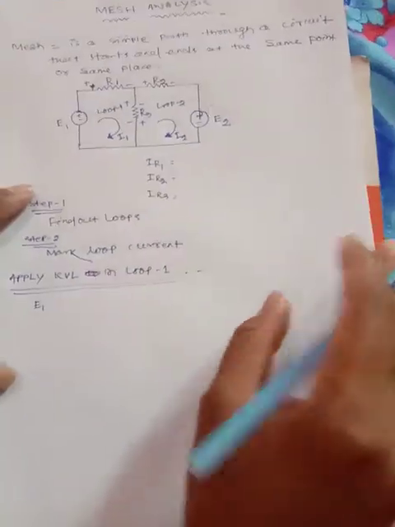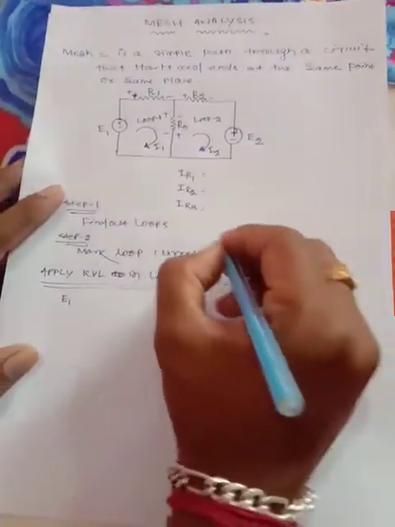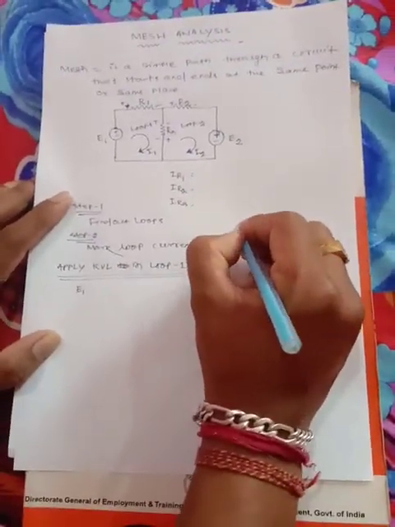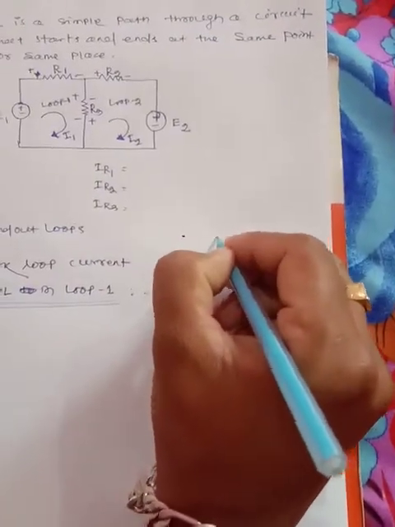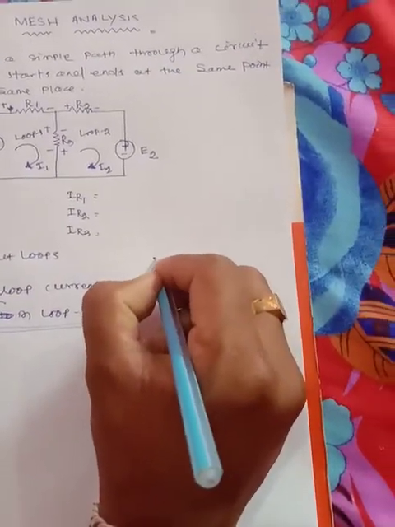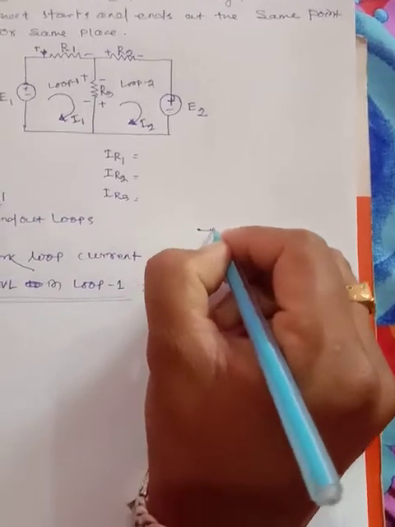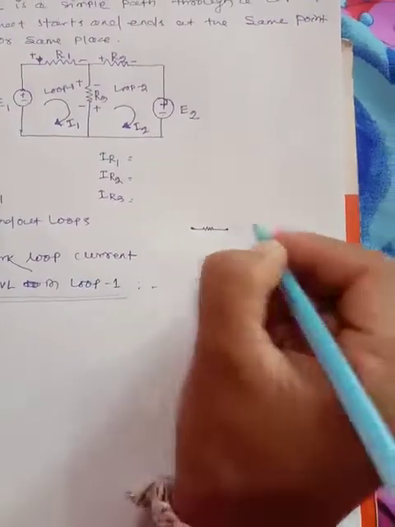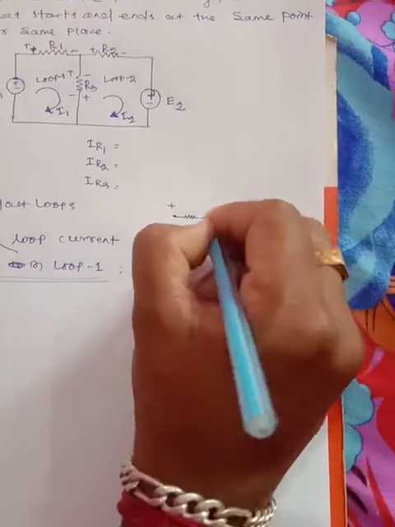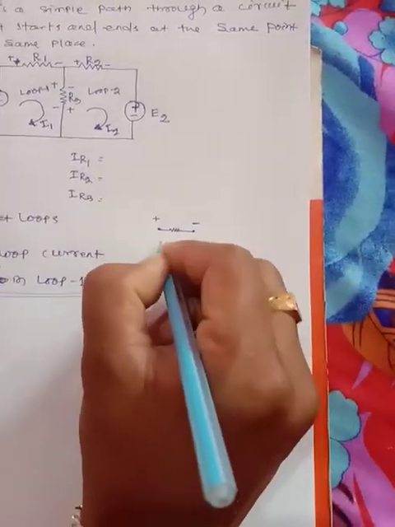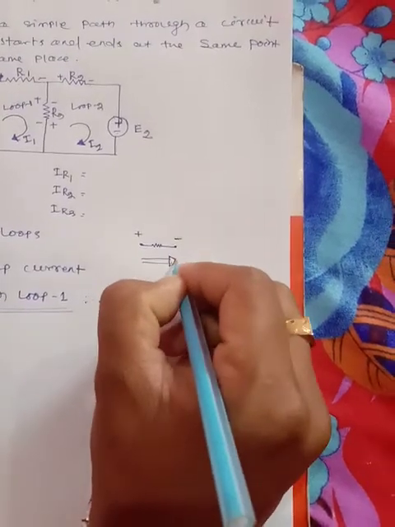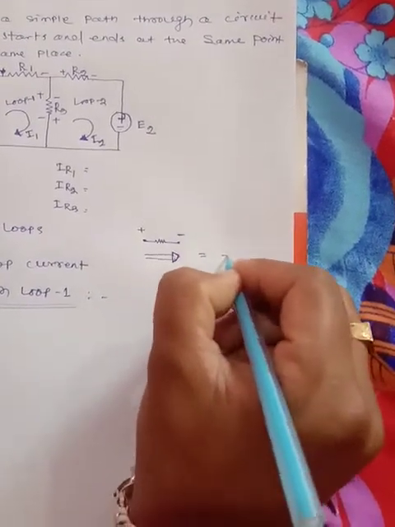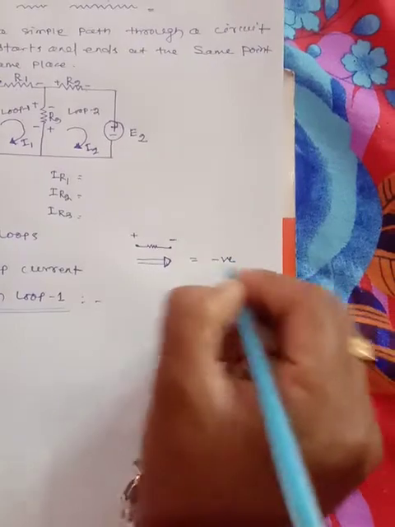Let me first discuss again: if a resistor is between two points, one positive and one negative, and current is flowing from positive to negative, then the result is negative, that is a voltage drop.